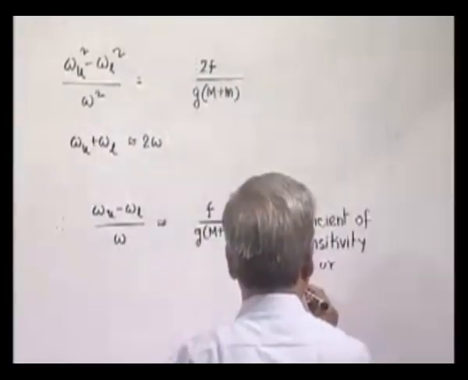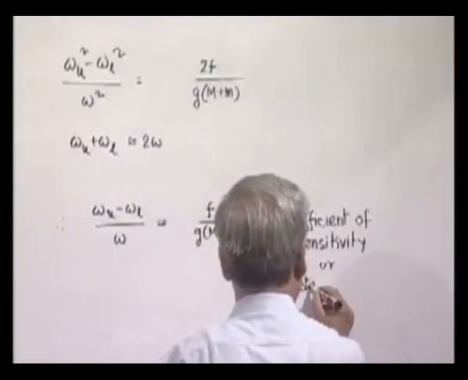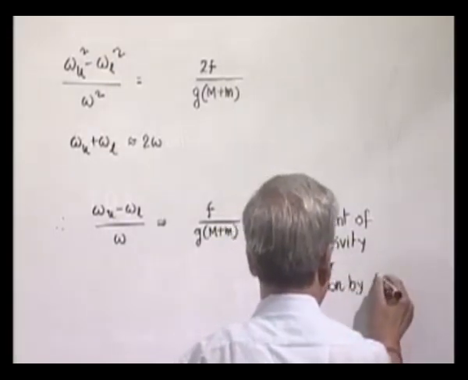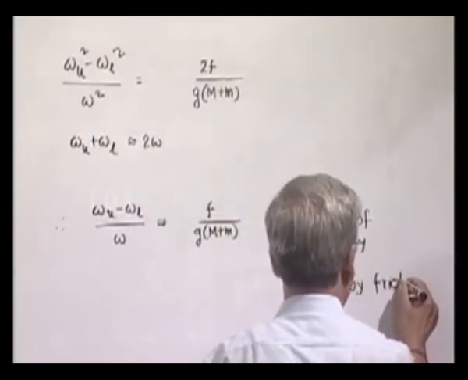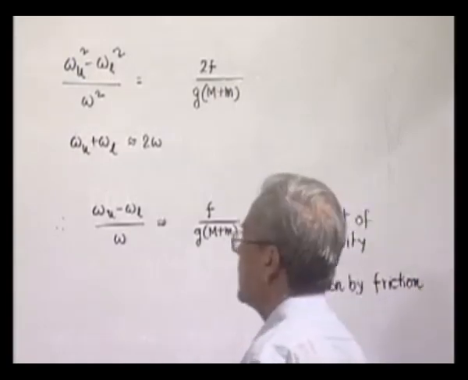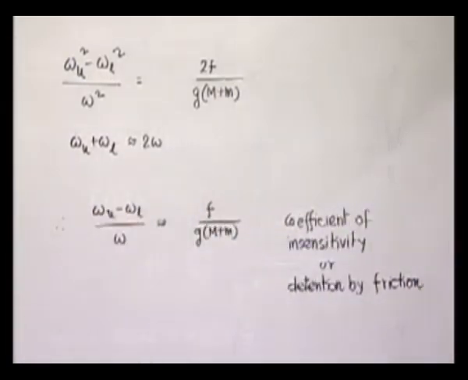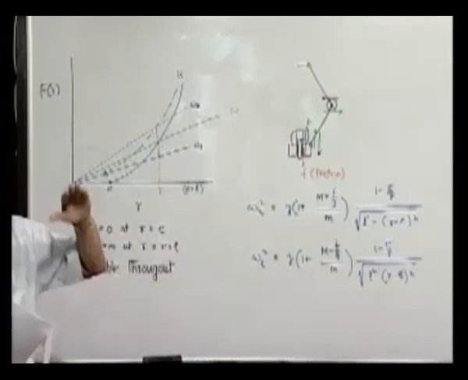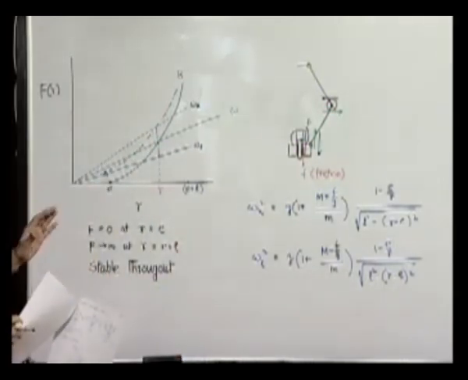Or detention by friction, both are used. Effectively, friction is making the system a little bit sluggish in the sense that the governor configuration does not change just by any amount of change in speed.